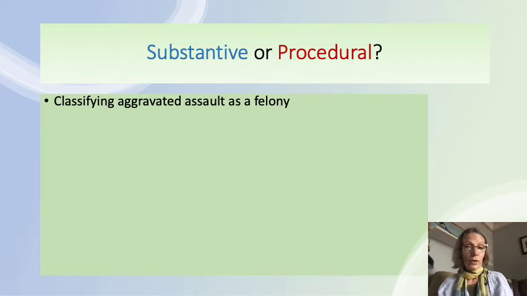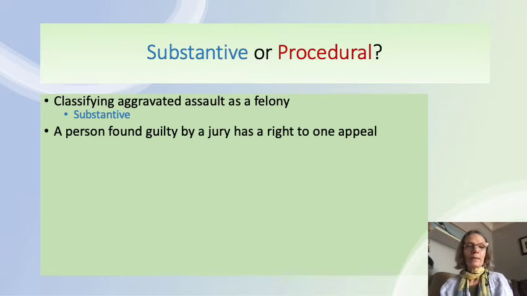As we're going to learn in a little bit, if a crime is classified as a felony, it's deemed a serious crime, and it usually comes with a more serious penalty. So does that deal with the substance of criminal law or the procedure of criminal law? Well, the correct answer is substantive, okay? Because it is classifying a particular crime as a bad crime, a felony with a harsher punishment.